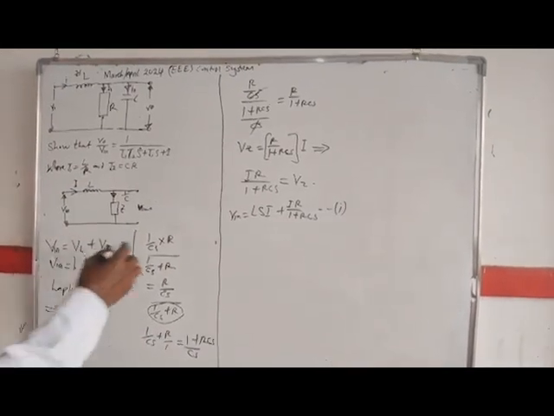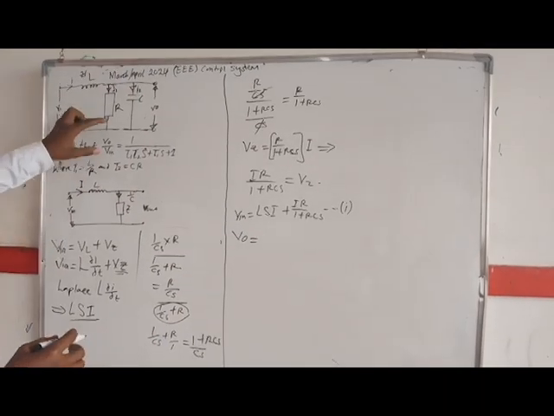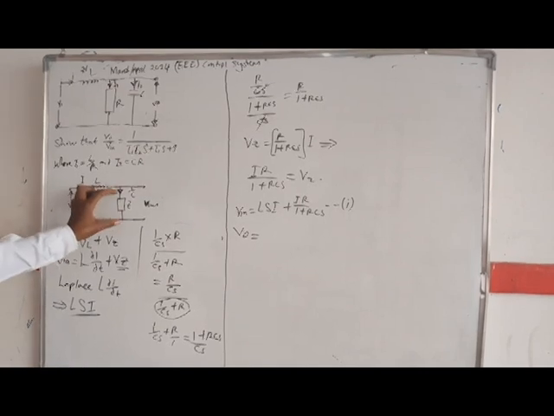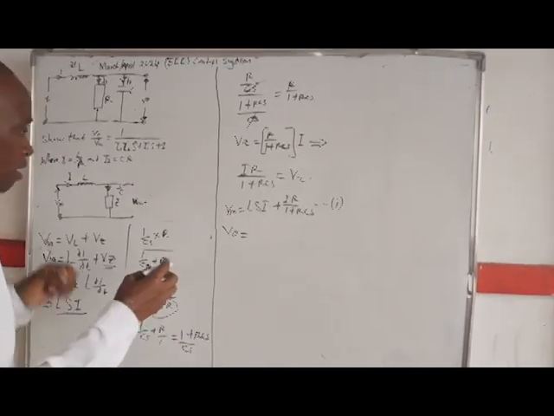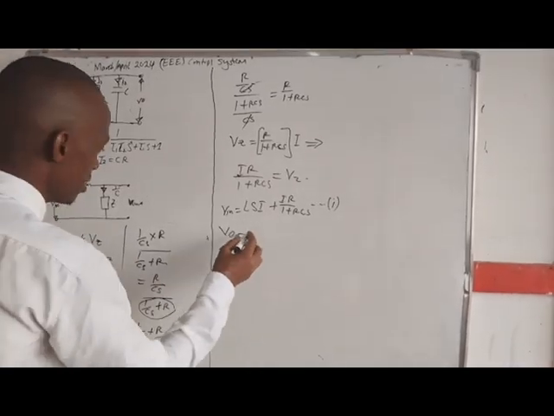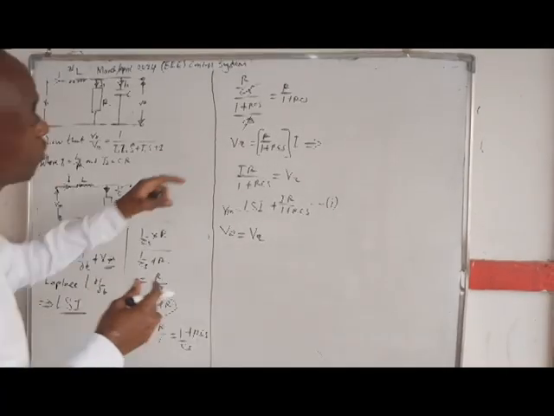Now our voltage output is the voltage through the parallel branch, which is VZ. And now we have the value of VZ.